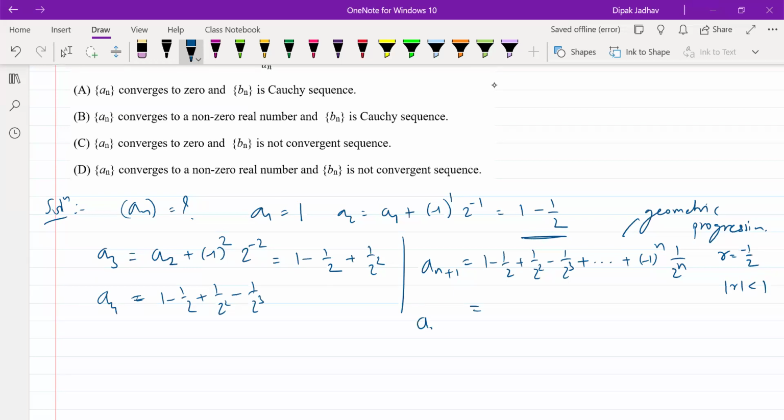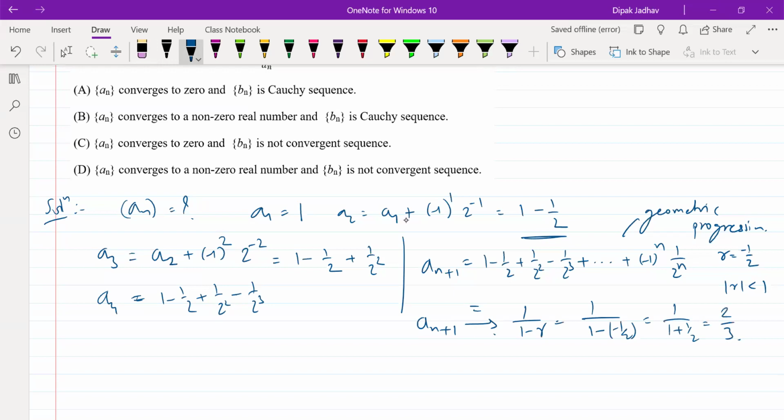So we know where this converges: 1 upon 1 minus r, since the first term is 1. That is 1 upon 1 minus of minus half, 1 upon 1 plus half. That is 2 by 3.